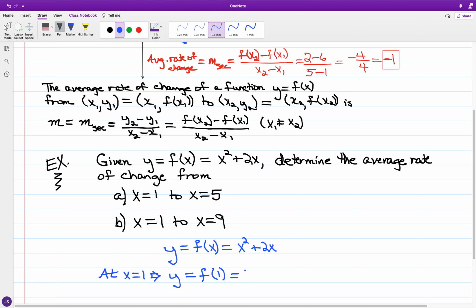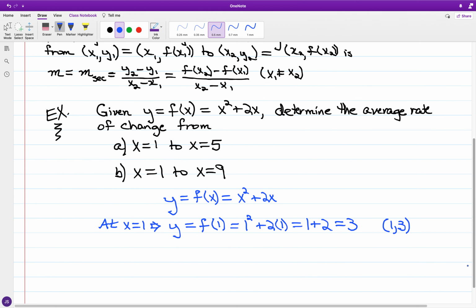And x squared plus 2x becomes 1 squared plus 2 times 1. So 1 squared is 1, 2 times 1 is 2, and 1 plus 2 is 3. So you have a point on the graph of this function, and that would be (1, 3).